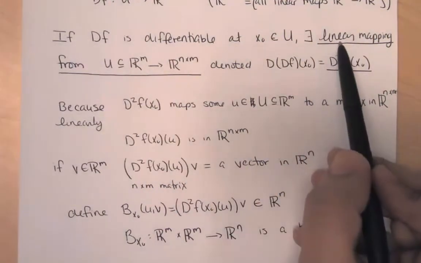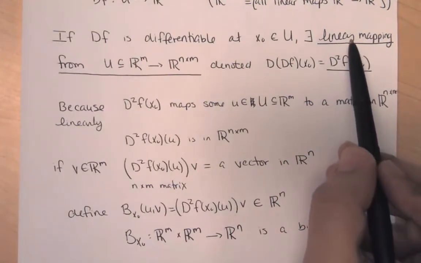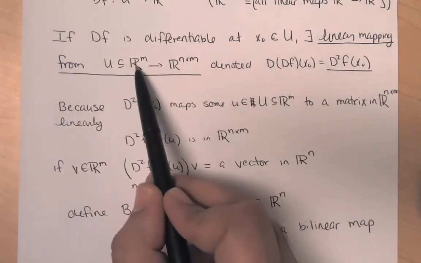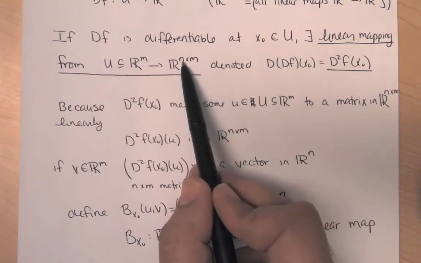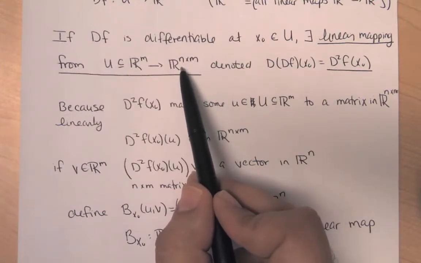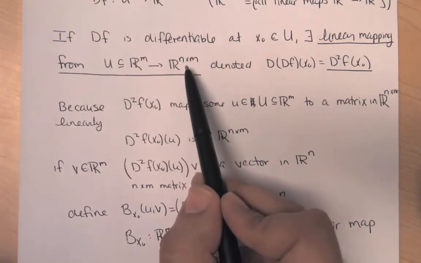So I have a linear mapping twice over. Right? The second derivative maps linearly a vector in Rm to a linear mapping from Rm to Rn. Because remember, an n by m matrix is equivalent to a linear mapping from Rm to Rn. Right, so that idea is crucial.